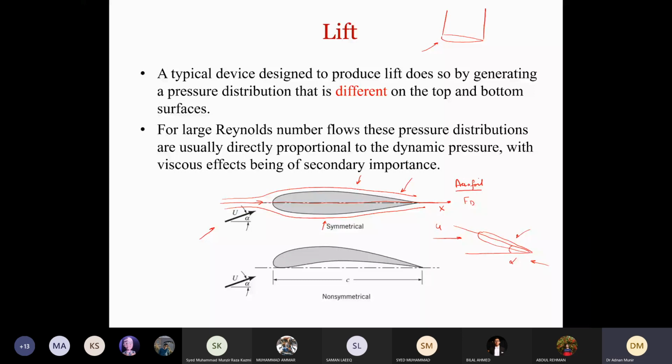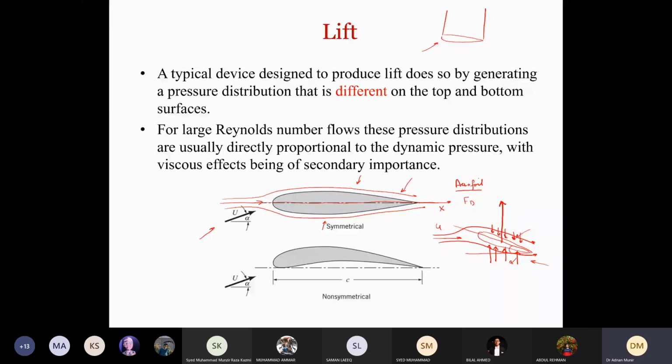So now if we change the angle of attack, what is going to happen? This half of the flow will go on top, the other half will go from the bottom. Because of the angle of attack, there will be a distribution of pressure force such that the pressure force on the bottom of this aerofoil will be greater as compared to the top of this aerofoil, and as a result there will be a net pressure force acting in the upward direction, which will generate lift.